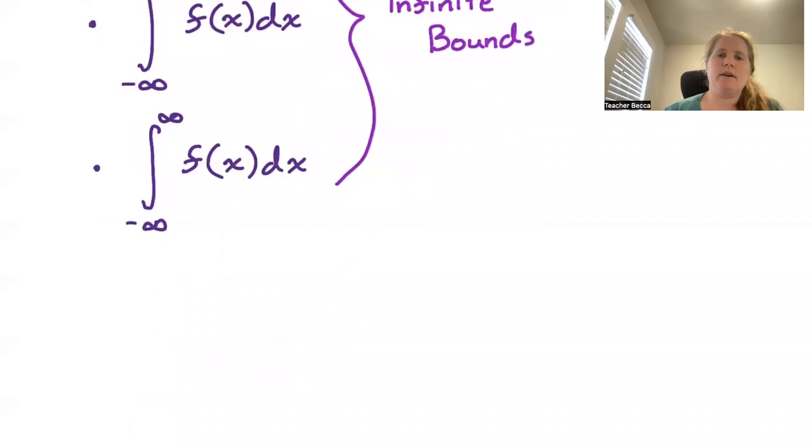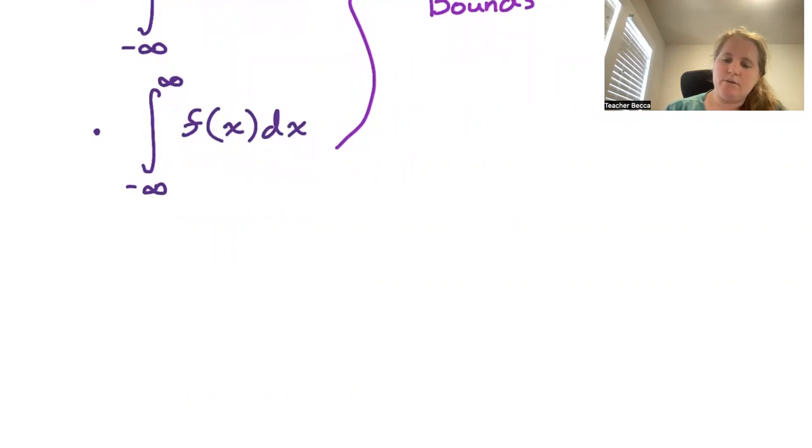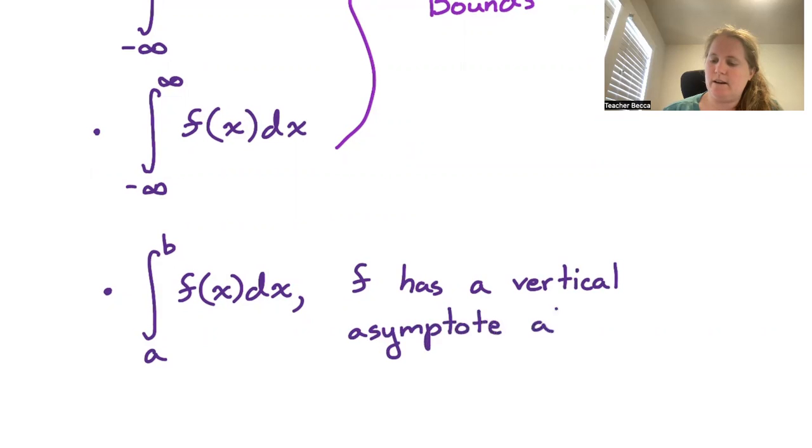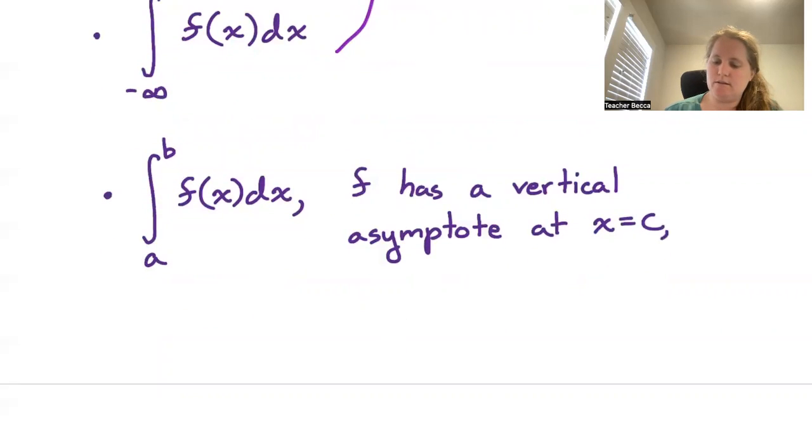And then the other case we could have is a definite integral from a to b of f of x dx, where f has a vertical asymptote at x equals c for some c between a and b.